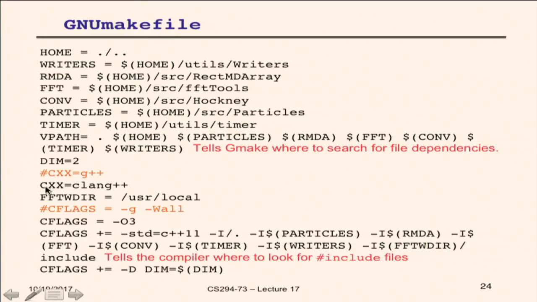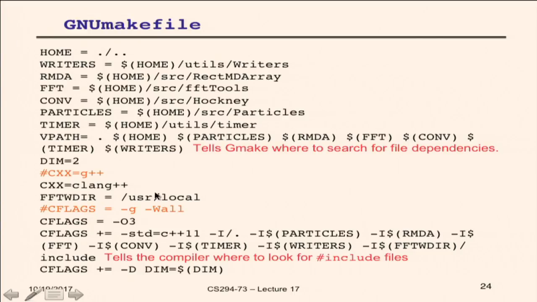Dim is equal to 2. I'm running on a Mac, so I have CXX equal to clang++. If you're running on a Linux system, you would replace it by g++. My code's already debugged, so I have CFLAGS equal to -O3. While you're debugging, you should probably have CFLAGS equal to -g and -Wall. That gives you all the warnings.